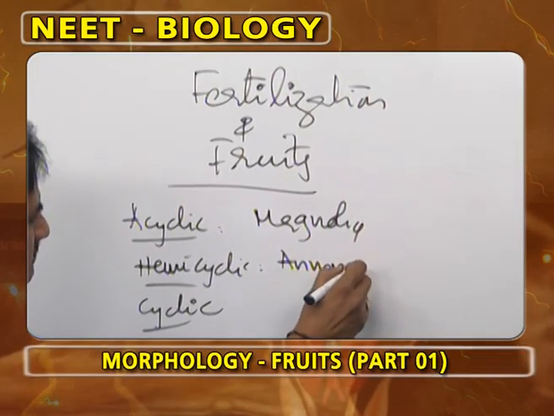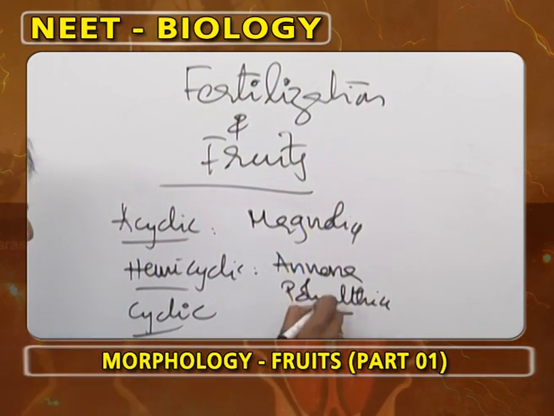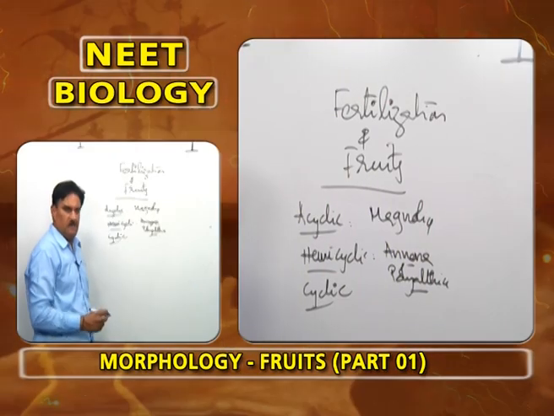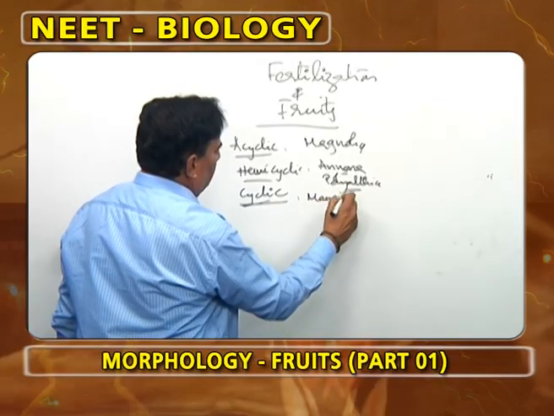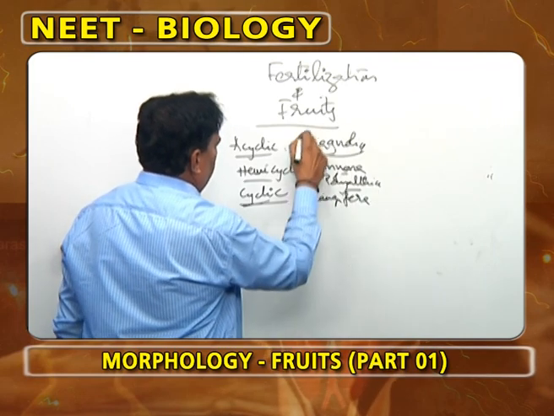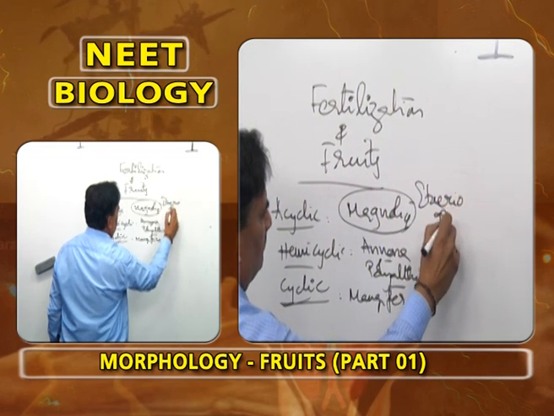Annona, polyalthia. Calyx, corolla, androecium, gynoecium all are present in a cyclic manner, cyclic flower, mangifera and many dicots. In magnolia, the fruit is an etaerio of follicles.